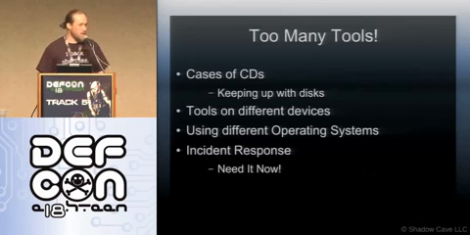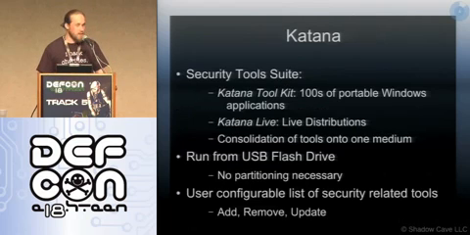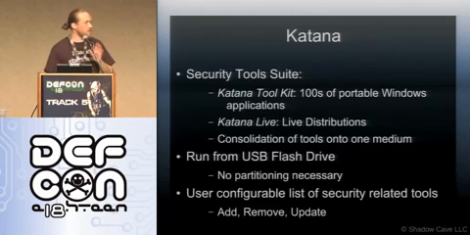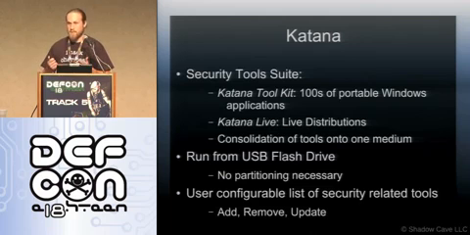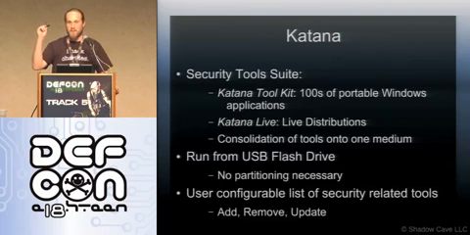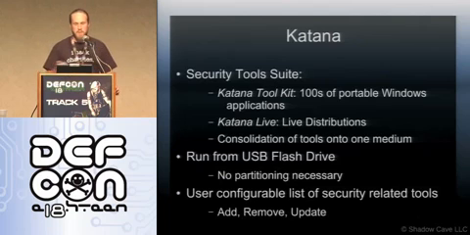So I thought, well, I'd try to put all that stuff together. What Kantana does is bring a bunch of live distributions, like Backtrack, together with portable applications that will run in Windows, all from a single USB flash drive. So no longer keeping up with the tomb of software and wondering which computer a certain thing is installed on. You can put it all on a single flash drive and keep it in your pocket.